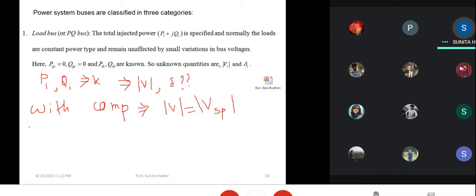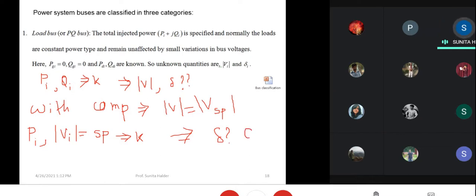So for that particular load bus, PI will be known and magnitude of VI will be constant, specified. We have connected the compensator in such a way that the terminal voltage of that load bus will be fixed at 0.95 per unit or 0.98 per unit or 1 per unit. So these are known in that case. So what do we have to find out? Delta obviously, because the compensator does not fix the delta.